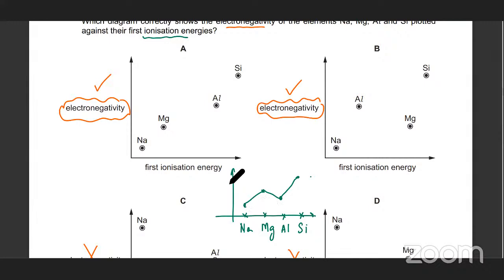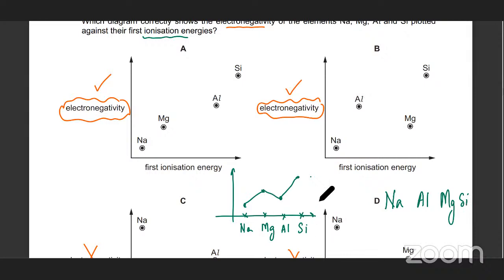So what's the order? Now focus on the order on the horizontal axis. The least would be Na. The second highest would be Al, followed by Mg, and the last one would be silicon.